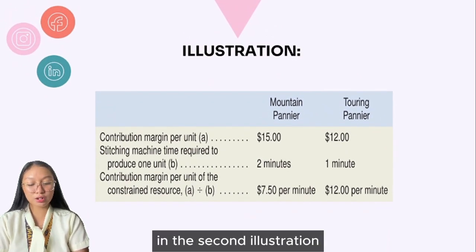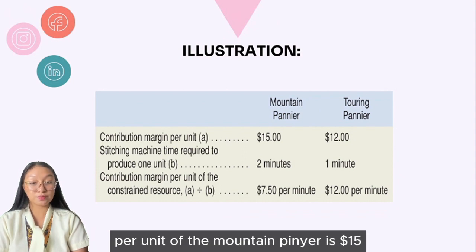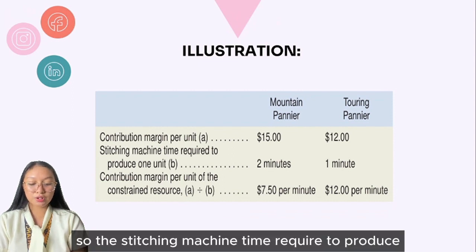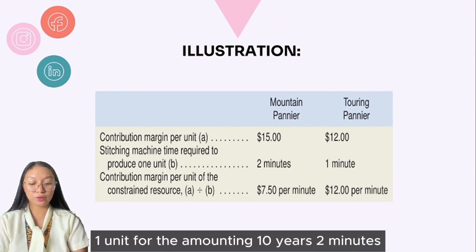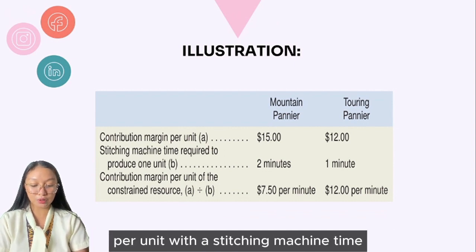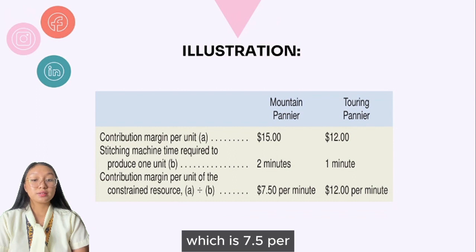As you can see in the second illustration, the contribution margin per unit of the mountain pannier is $15, while on the other hand, it is $12. The stitching machine time required to produce one unit of the mountain pannier is 2 minutes, while the touring pannier only takes 1 minute. You divide the contribution margin per unit by the stitching machine time, so you will get the contribution margin per unit of the constrained resource, which is $7.50 per minute for the mountain pannier.